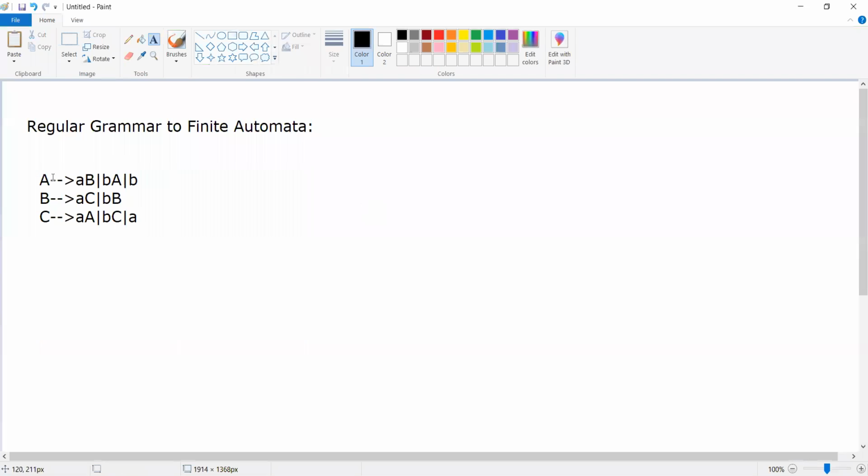Now, if you observe thoroughly, how is this grammar looking? Very clearly you can say that this grammar is a regular grammar.